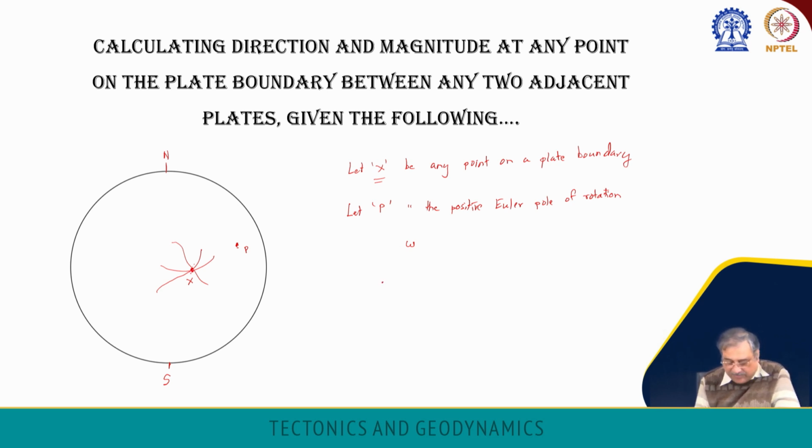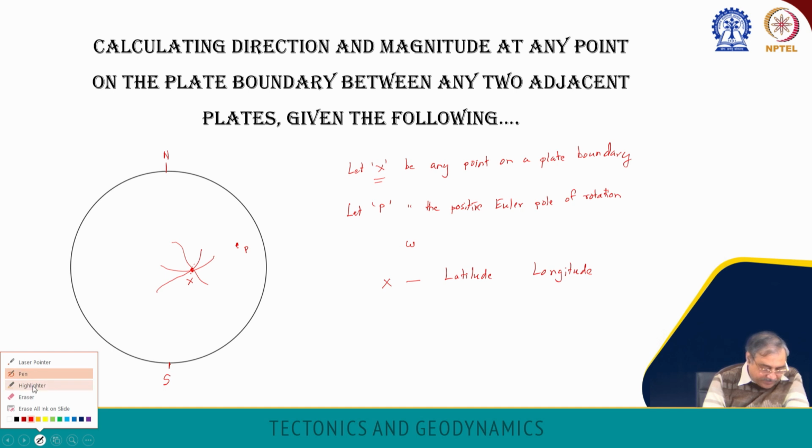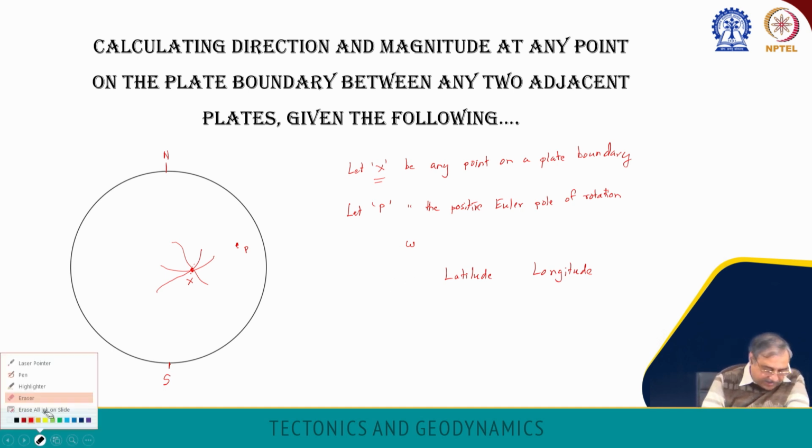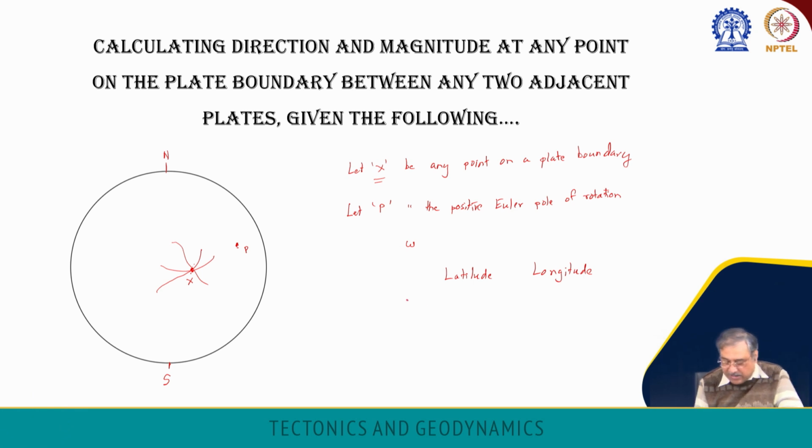So for point x, let us say the latitude and the longitude. Let's use the eraser. I'll cut out x here, and then I'll get back here and say, let's say this is point x.